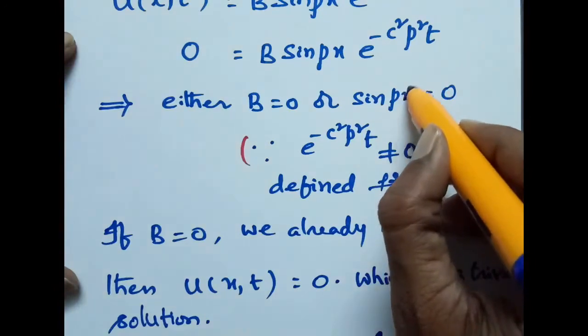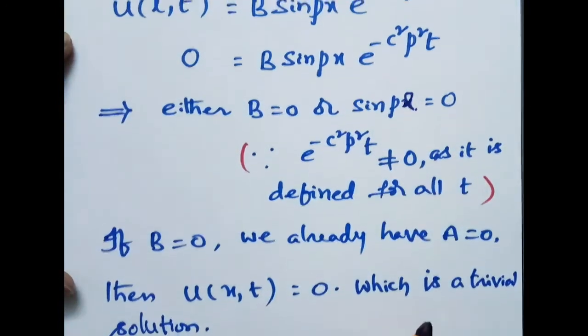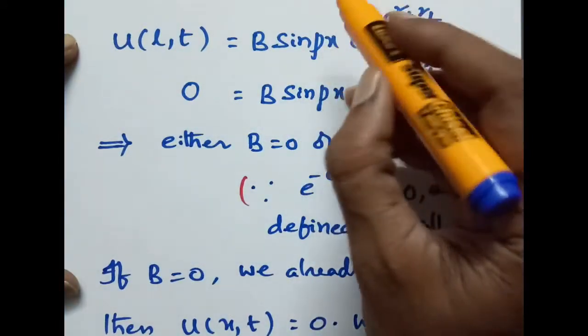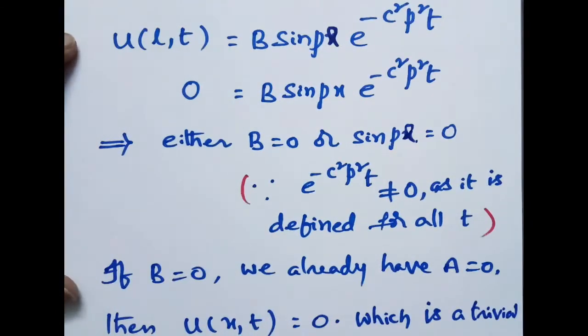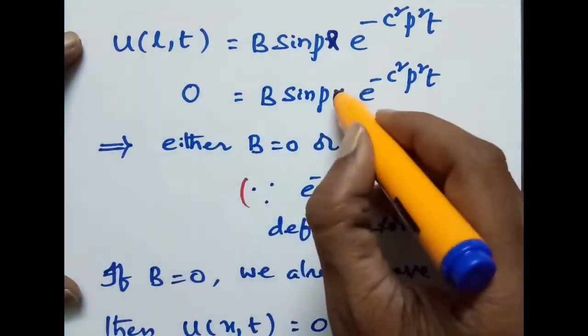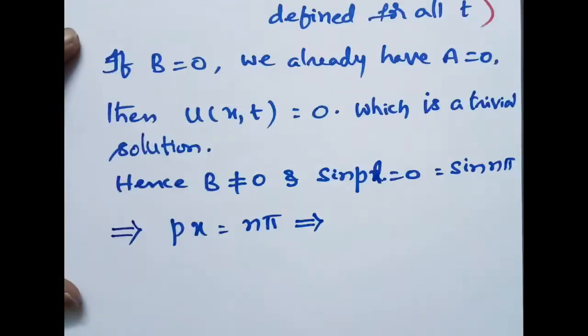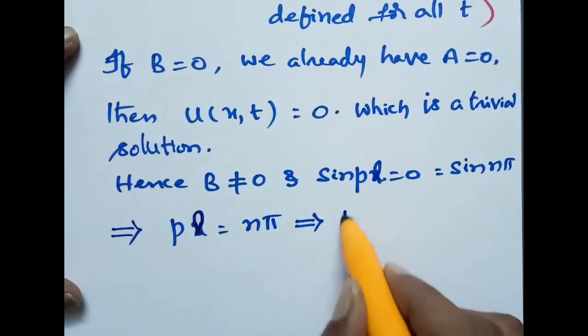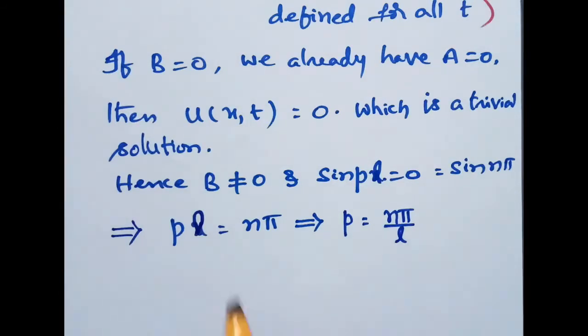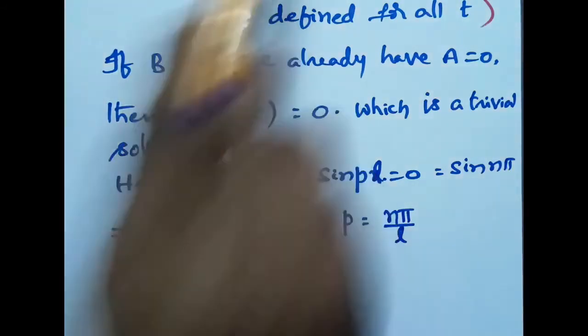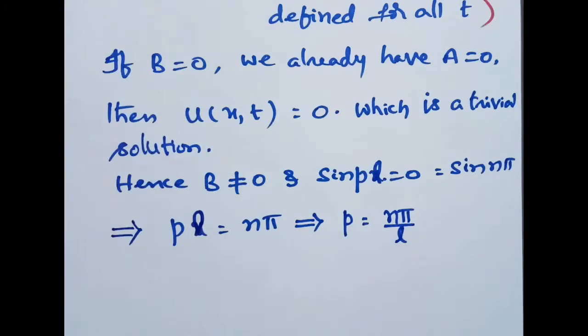Here also L. Here also L. Therefore, here also L. Therefore, that implies P is equal to n pi by L. So in the substitution of second condition, x is equal to L. So I forgot to write L in the place of x in the right hand side.